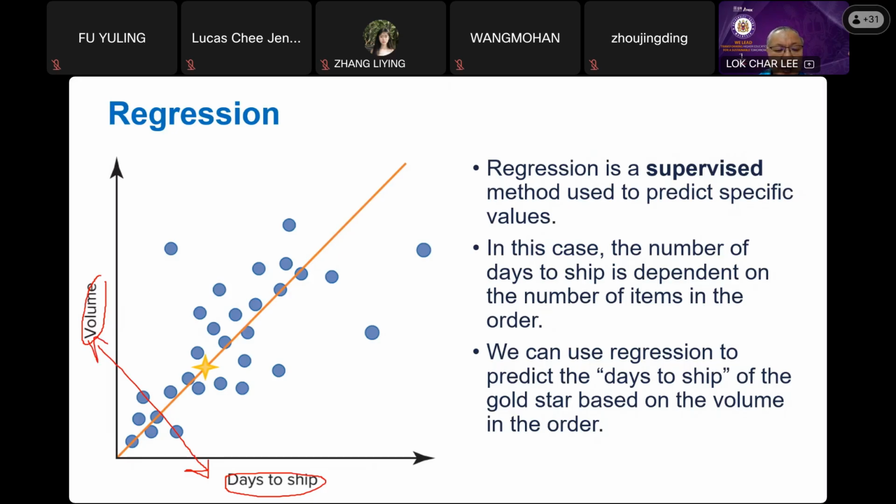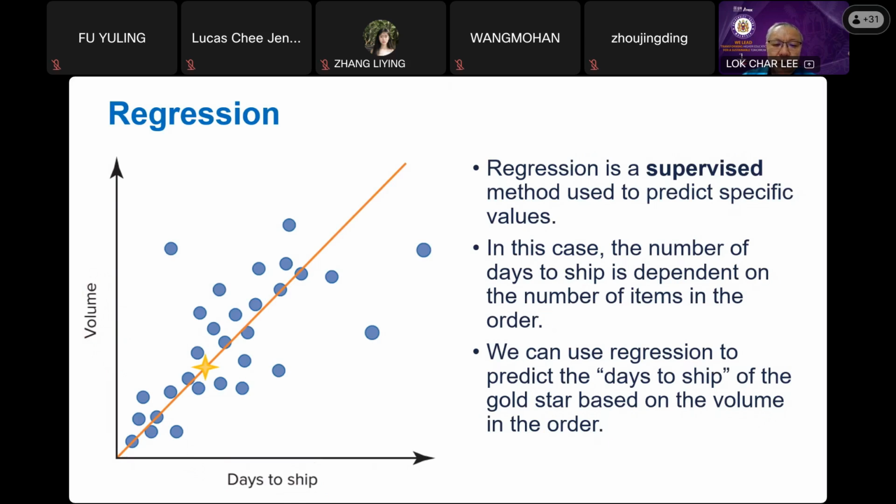But by looking at the definition here, days to ship actually depends on the volume, not the volume depending on the days to ship. They are related, but when you talk about the impact, days to ship actually depends on the volume. So this is called regression.